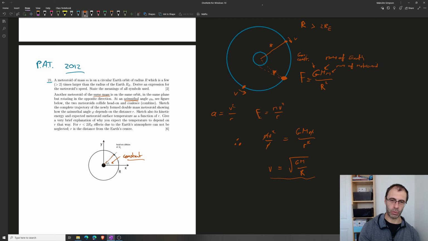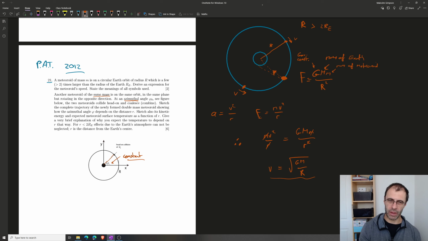But this isn't worth very many marks. There's 6 for this entire question, and we're not given a point on the Earth from which the angle's being measured. Additionally, this diagram suggests that the angle's being measured from the center of the Earth. So it can't change. So I'm not really sure what this question wants me to sketch here. Sketch the complete trajectory.